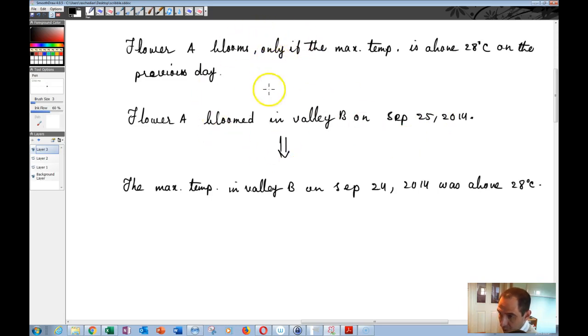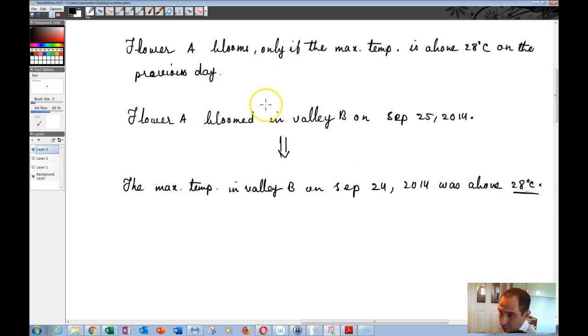So what you can conclude from these two statements is that the maximum temperature in Valley B on September 24th, 2014, meaning the previous day, the day before September 25th, 2014, was above 28 degrees Celsius.